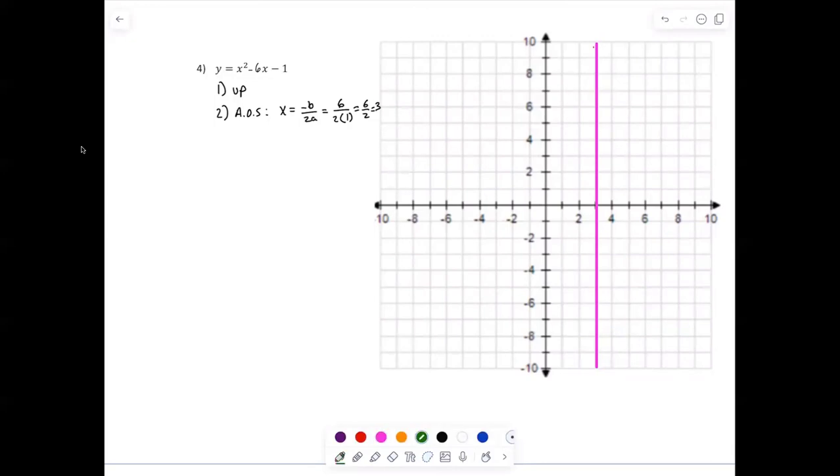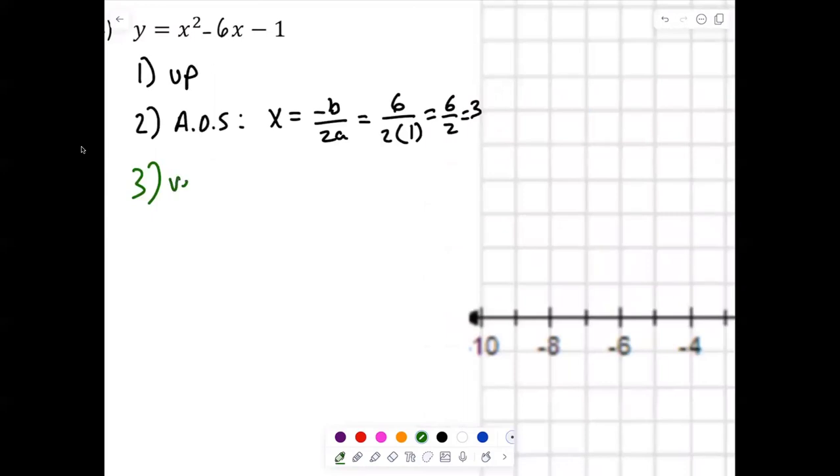Let's go. Step number 3, I need to find the vertex. What is the x coordinate of the vertex? 3. So y equals 3 squared minus 6 times 3 minus 1.